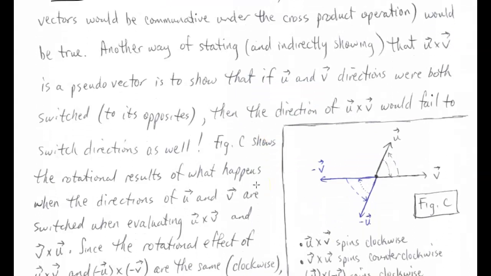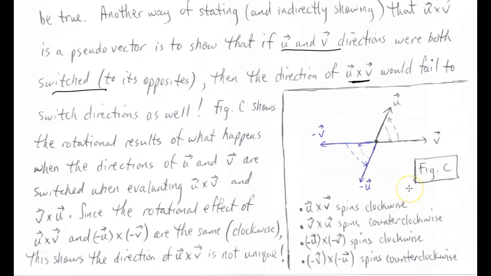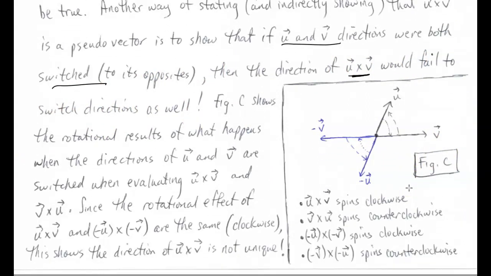Now, another way of stating that this commutative property under cross product is not a pure one because of direction is that we could show that if vectors u and v directions were both switched to their opposites, then the direction of the resulting vector u cross v would fail to switch as well. Figure C sort of shows that.